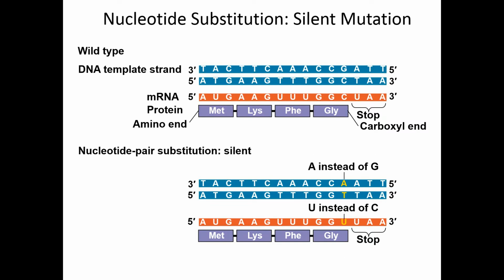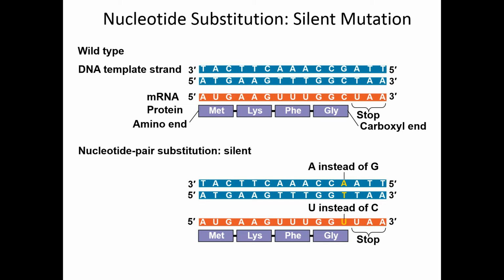So a silent mutation. Again, this is taking place in the DNA. Here in a normal DNA template, you have methionine, lysine, phenylalanine, glycine, for 4 amino acids.